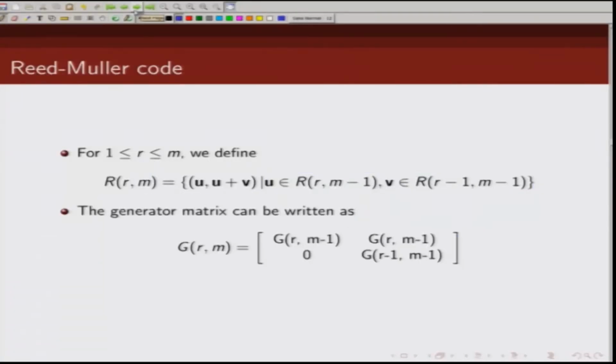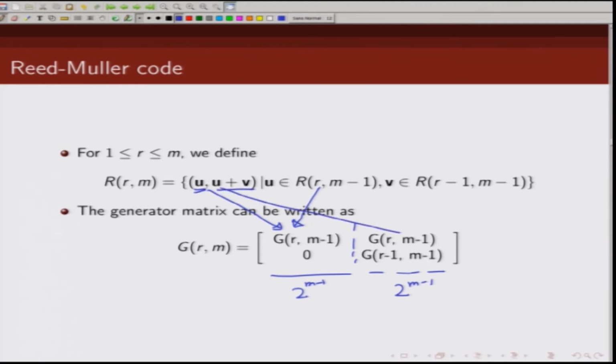The same thing I am writing in terms of the generator matrix. This is a Reed-Muller code of length 2^(m-1), and this is another Reed-Muller code of length 2^(m-1). First is just U, which is this Reed-Muller code of order r and length 2 raised to power m minus 1, and the second one is this.